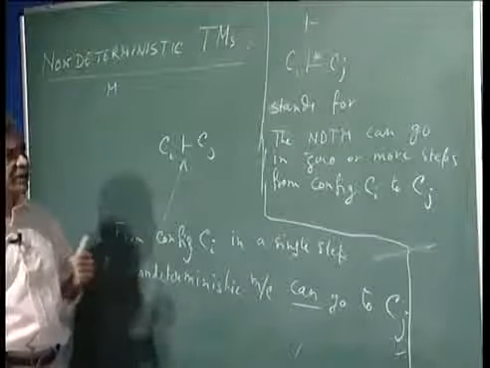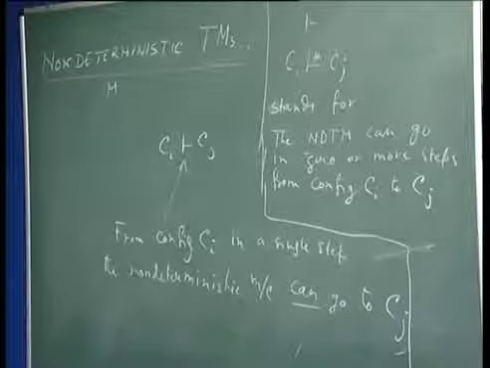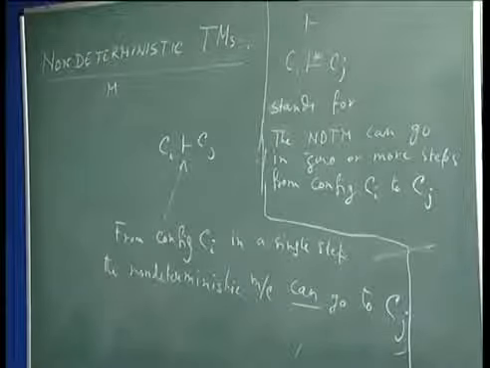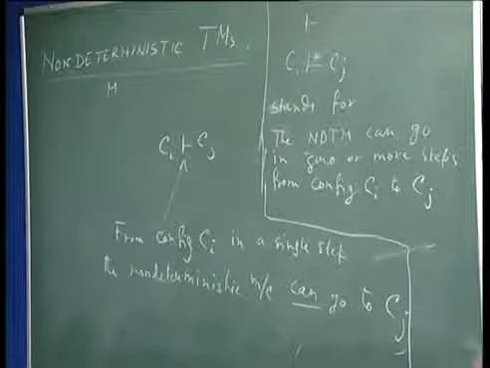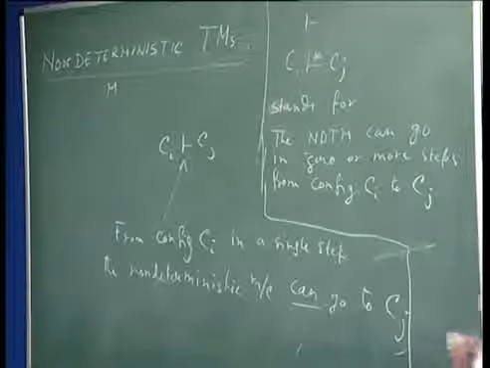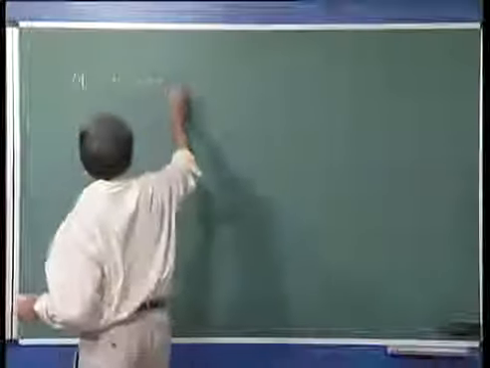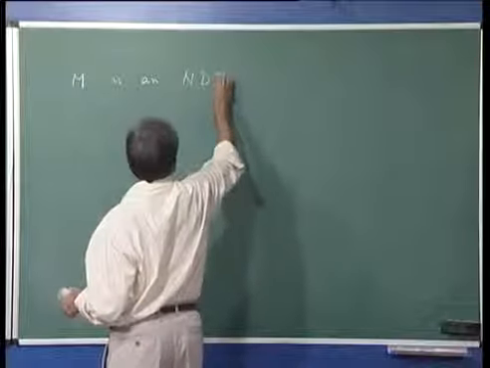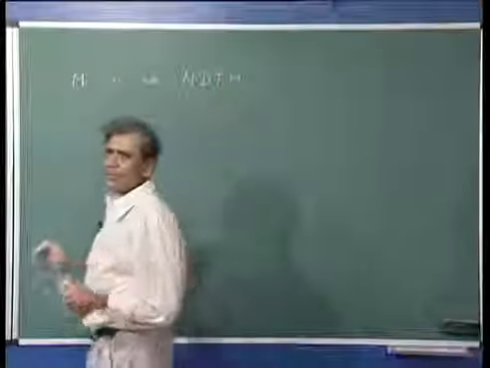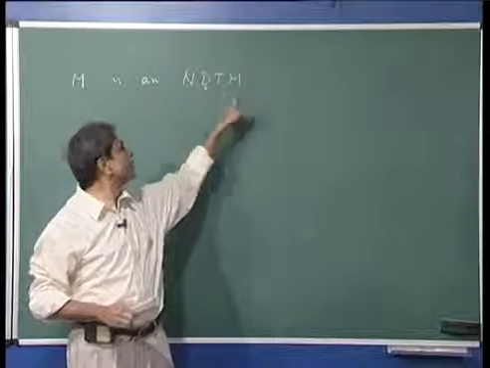what can happen in single steps, then it is easy to write what the language accepted by a particular Turing machine is. So, suppose M is an NDTM. NDTM is always the abbreviation one uses for non-deterministic Turing machine.